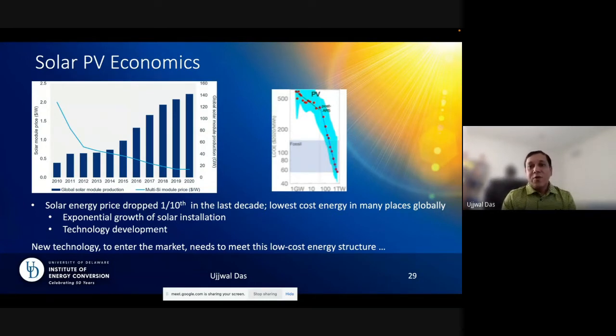We already have over 1 terawatt of solar installation globally, and no one is going to replace those solar panels in the next few months, because once you install a solar panel, it is meant to last for at least 25 to 30 years. So any new technology that is being developed in the lab today might see the market after, let's say, 20-25 years as a replacement of this old technology.